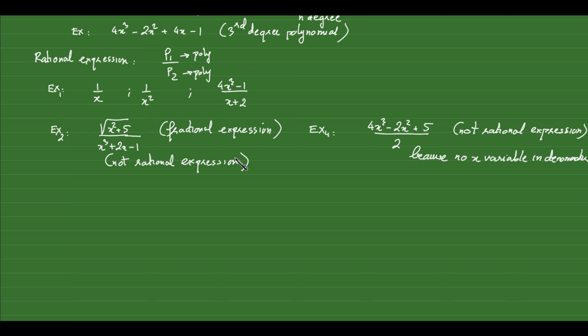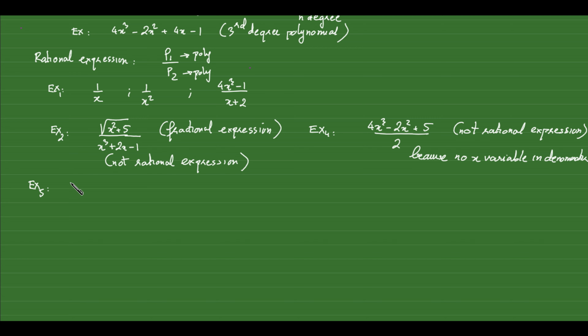Okay. Now let me give you another one. So far we have done 4 examples, right? And all of them are in terms of x. There's only one variable. What if I give you something with 2 variables?